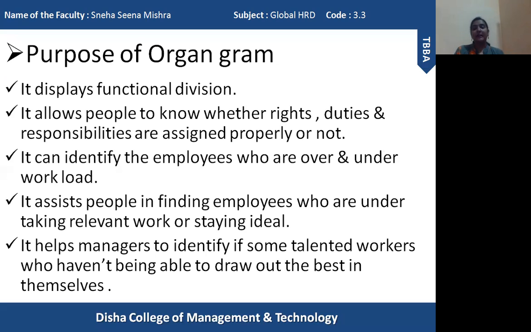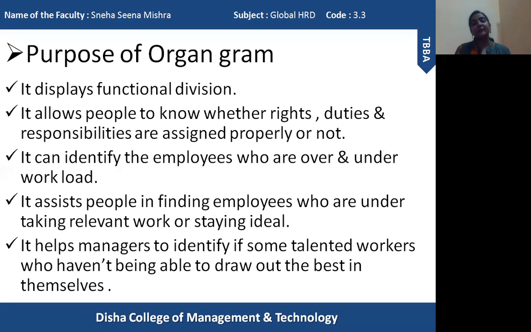So with this diagrammatical representation, we can easily understand which employee, which designation has too much work, and which employee and designation has less work, because it also represents the work distribution of the organization, which designation needs to do what kind of activities and duties.